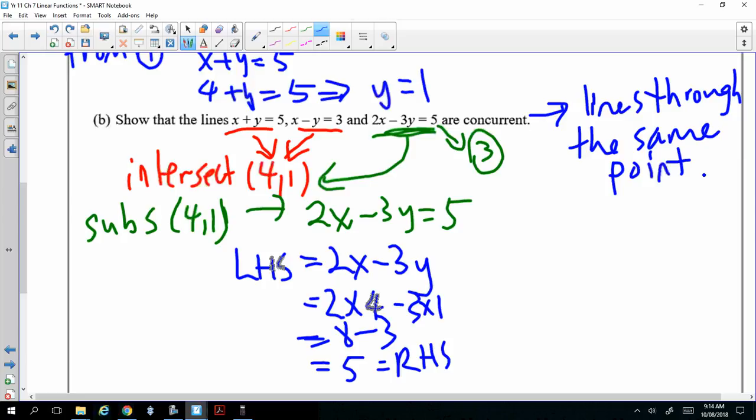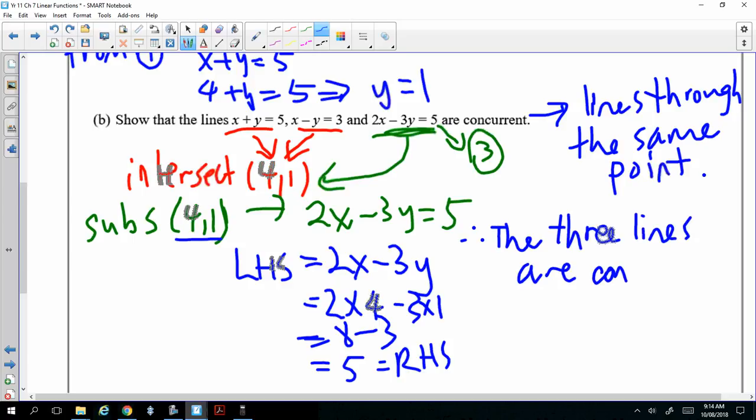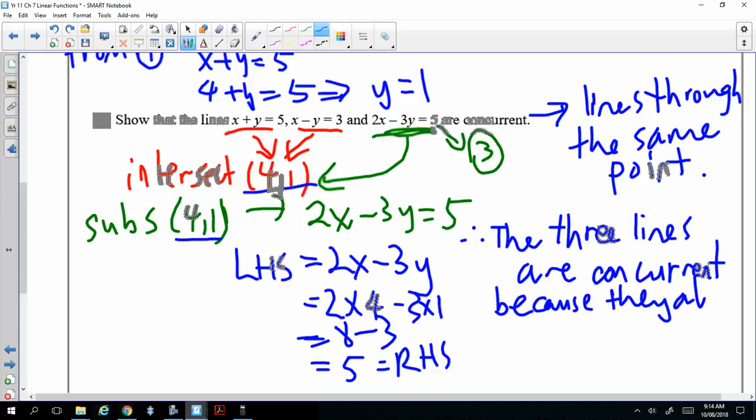So the three lines are concurrent. Yes, concurrent. The three lines are concurrent because they all pass through the same point, 4, 1.